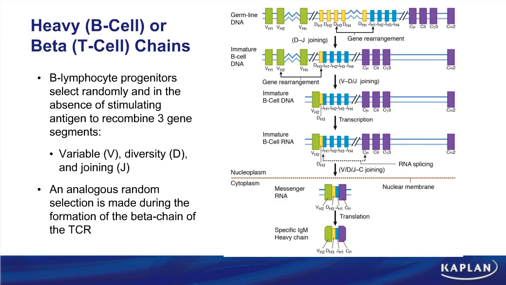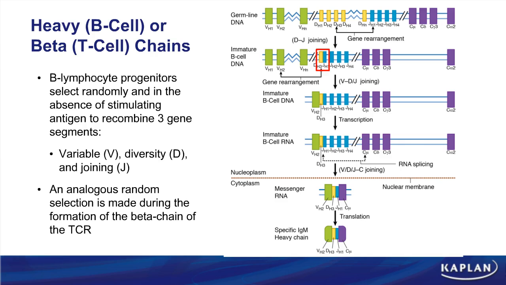The very first process that we're going to take a look at is that we have these multiple D segments and J segments, and we are going to pick one. We're going to pick one D and one J segment from that DNA, bring them together so that we now have what we call a DJ segment.